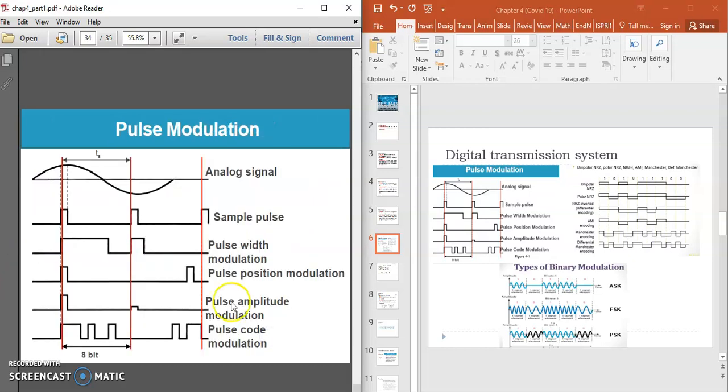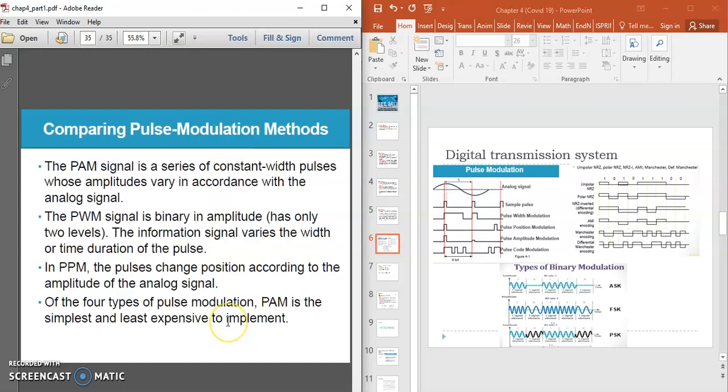This is the signal I already explained to you, this one is a small version and this is the big version. We give you another signal and you sample, as I mentioned here. Then under pulse width modulation, pulse position, and pulse amplitude, as I mentioned before, this one you make big, this one small. This one you play with the position. Here you play in terms of amplitude, this one high, this one less high.